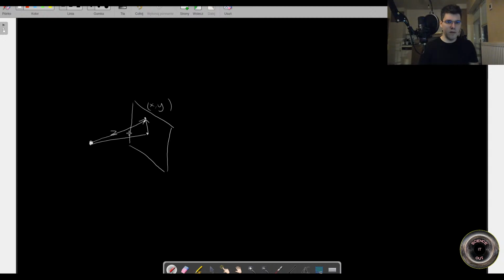If this is the z-axis, this is the y-axis, and this is the x-axis, then this direction vector v is simply x and y from the image plane, and then this z, which we'll call z0, because it will be constant for every point.